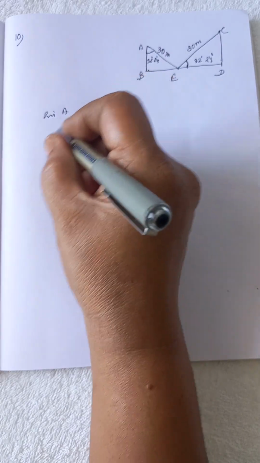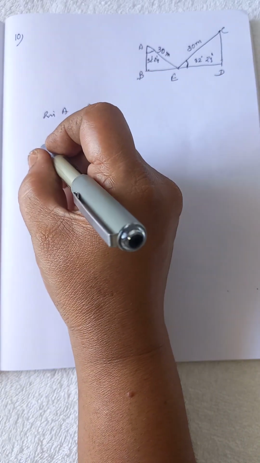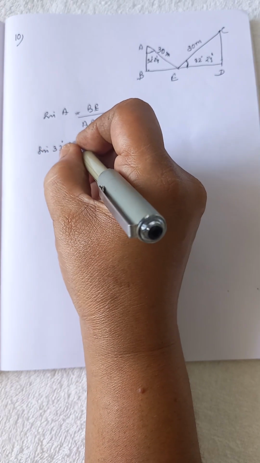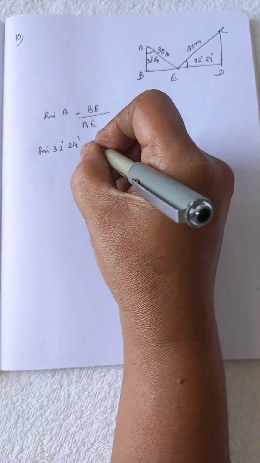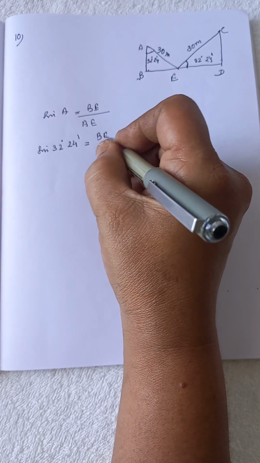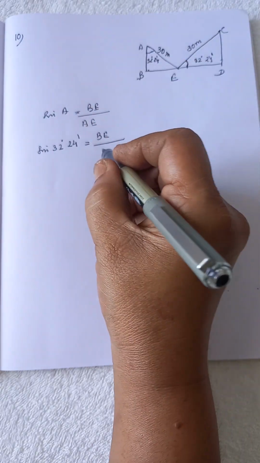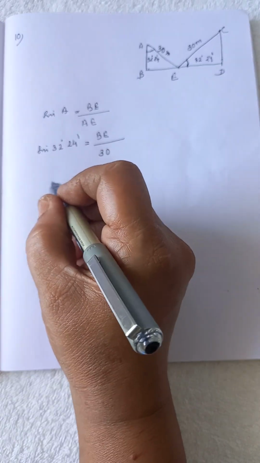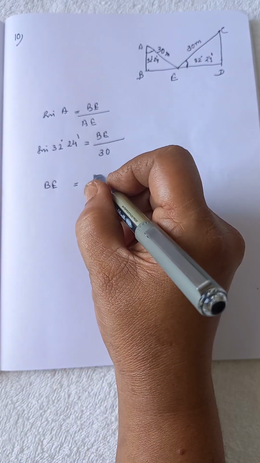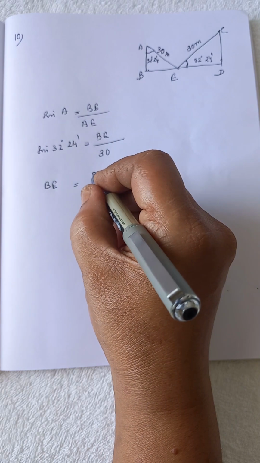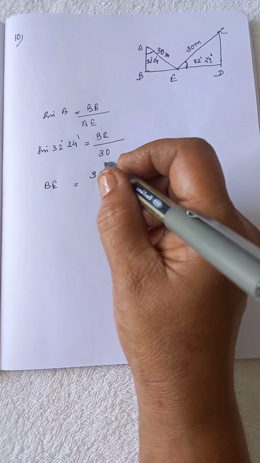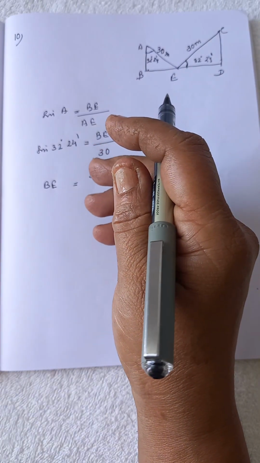Sin A is given as sin 32 degree 24 minutes, that is equal to BE, that we don't know, by AE, that is given as 30 meter. So what is BE? BE is equal to, on cross multiplying, we will get this as 30 into sin 32 degree 24 minutes. We can find it from the table, the back of the text.